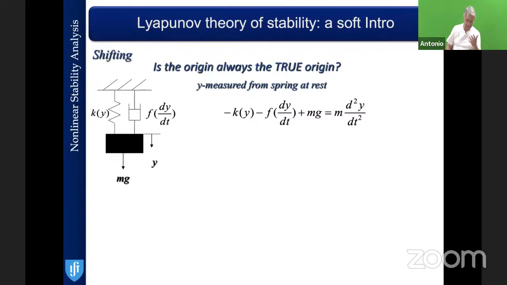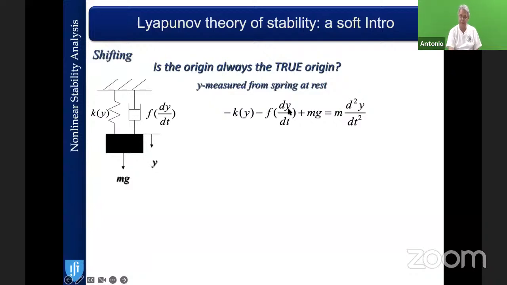So let's study this very simple system: the mass, the spring, and the dashpot. So the sum of all forces is equal to mass times acceleration in the vertical. What are the forces? Gravity, that pulls you down. Then you have friction in the damper, that is a function. You see, I'm writing it as a function of the derivative.